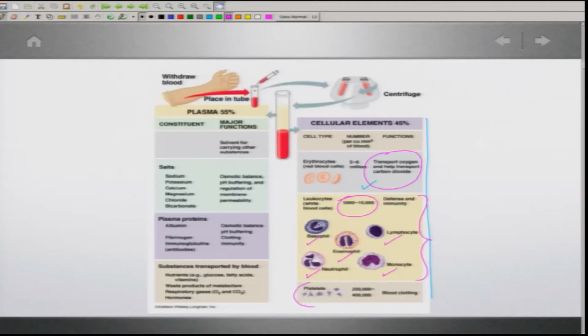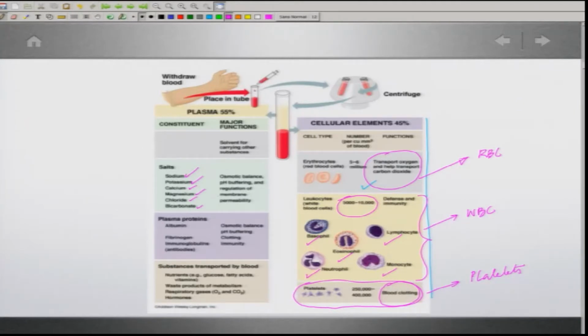Then you have a very small number which forms the platelets, involved in blood clotting. So, you can classify the cell types as RBCs, WBCs or leukocytes, and platelets.